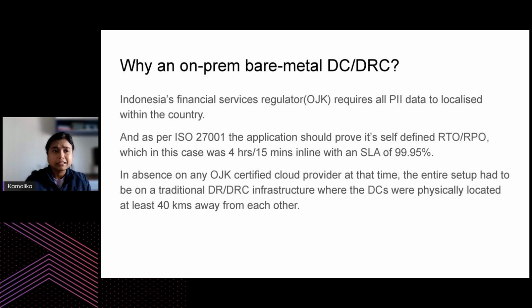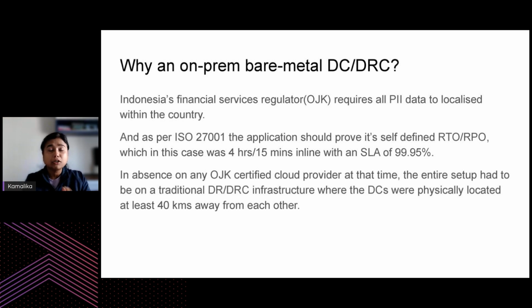The reasons are, this project was based out of Indonesia, and Indonesia's financial services, like many other countries, requires its customers' PII data to be localized within the country. So the data cannot leave the country, and that is why the applications had to be hosted within the country. ISO 27000 needed that it met the RTO and RPO requirements for disaster recovery.